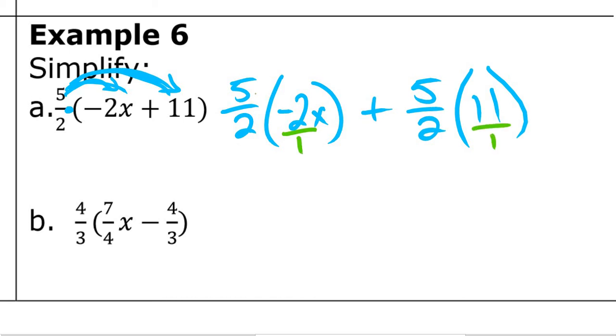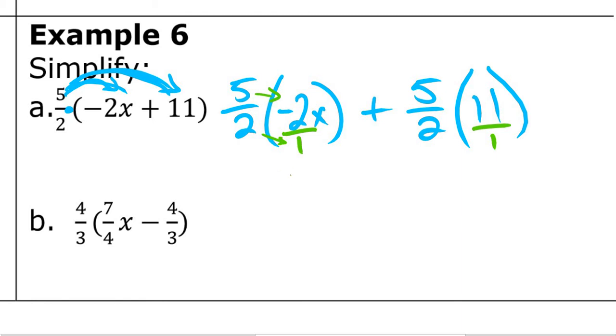So as we multiply straight across, you'll multiply the numerator times the 2, the -2, and you'll multiply the denominator 2 times this 1. All right. What is 5 times -2? -10. 2 times 1 is 2. So we could write -10/2.